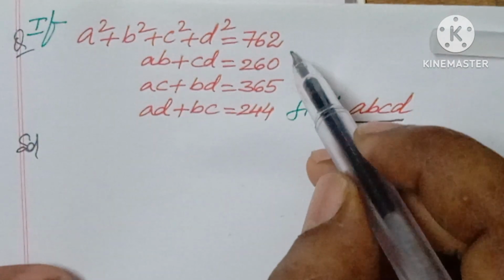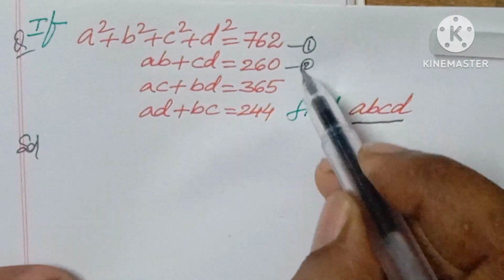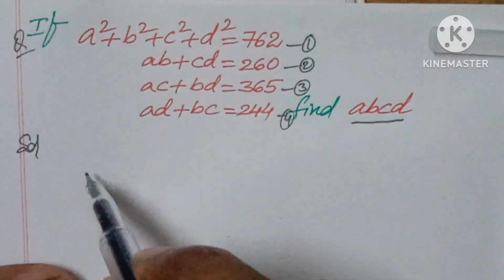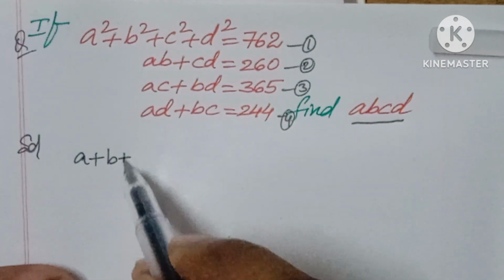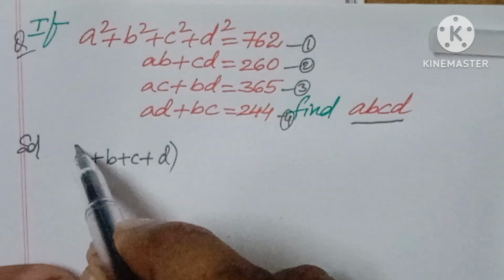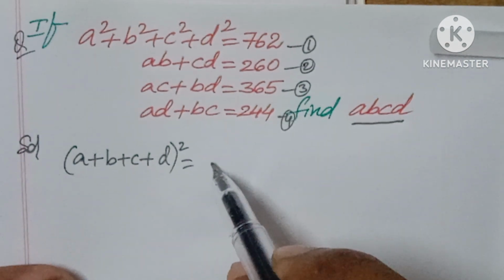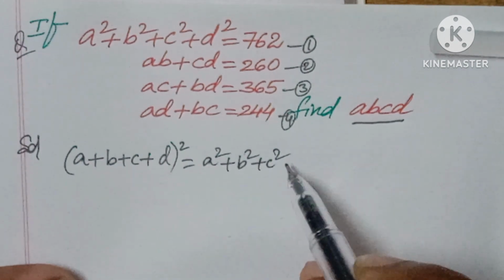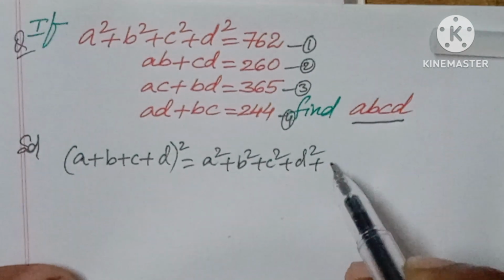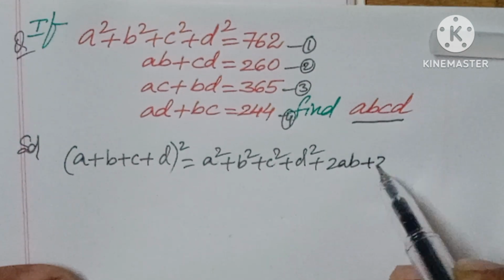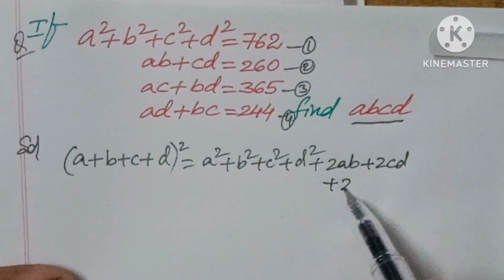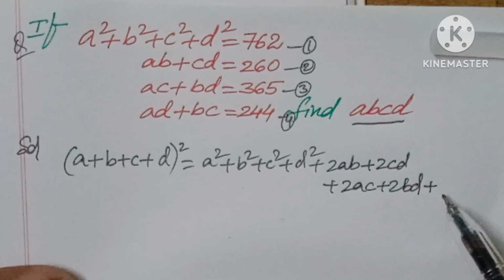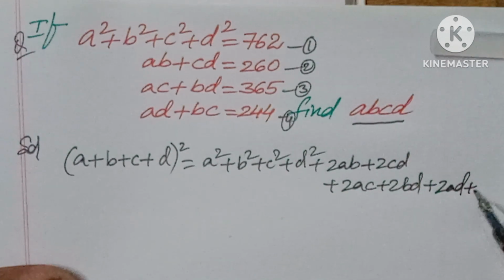So here, let the given equations be 1, 2, 3 and 4. So here, (a plus b plus c plus d) whole square is equal to, first you have to write this formula: a square plus b square plus c square plus d square plus 2ab plus 2cd plus 2ac plus 2bd plus 2ad plus 2bc.